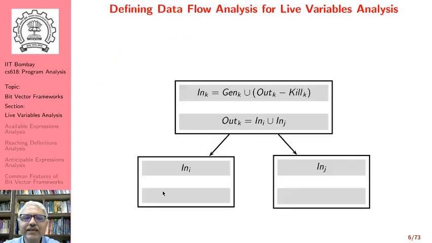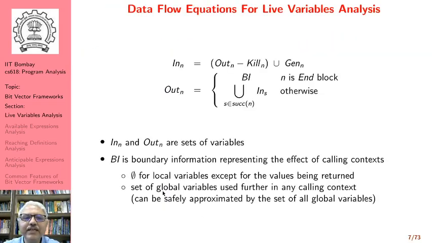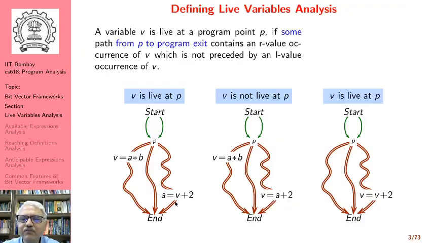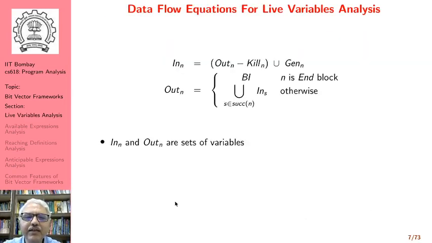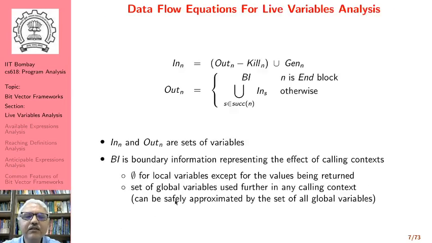So in this case, BI is the set of global variables used further in any calling context. So this can be safely approximated by the set of all global variables.